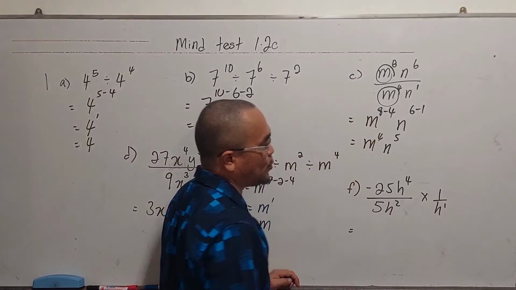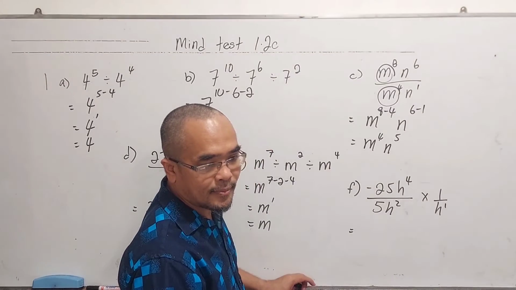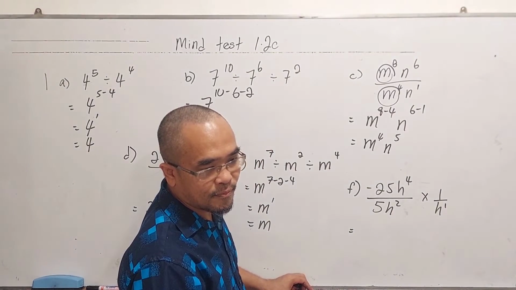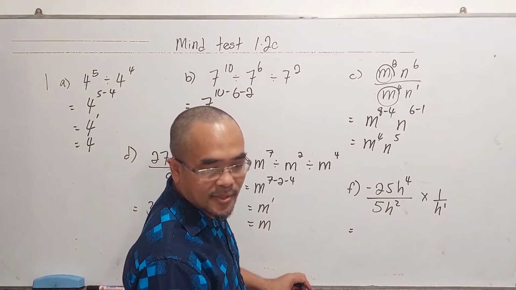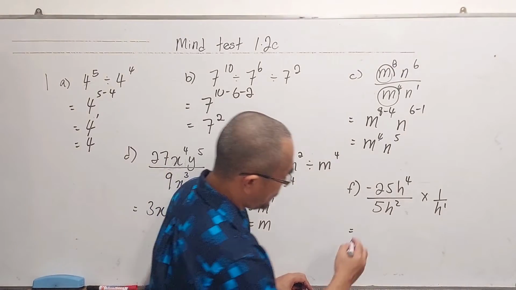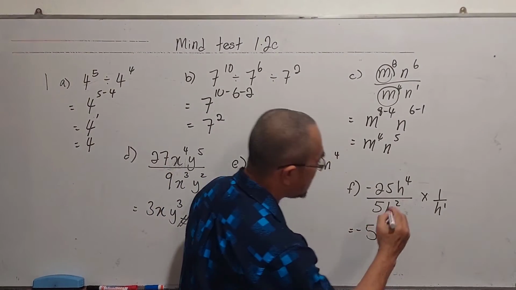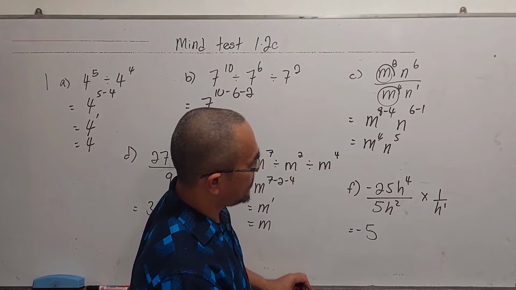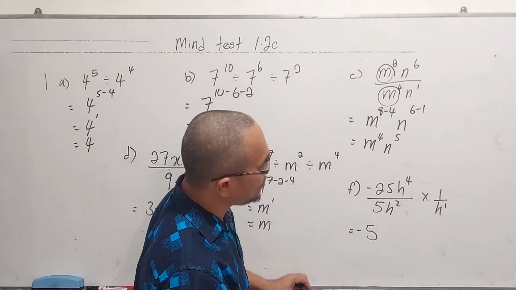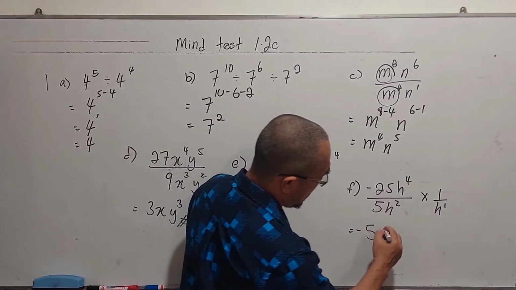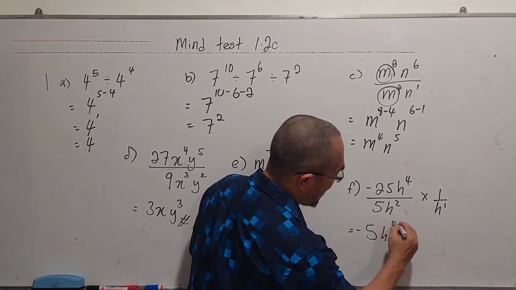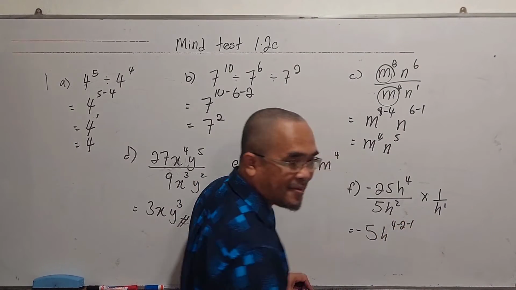What do you think we have to do here? Negative 25 divided by 5. So what is the answer? Negative 5. So negative 5, H to the power of 4 minus 2 minus 1.